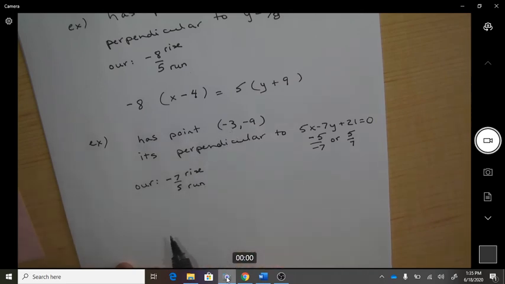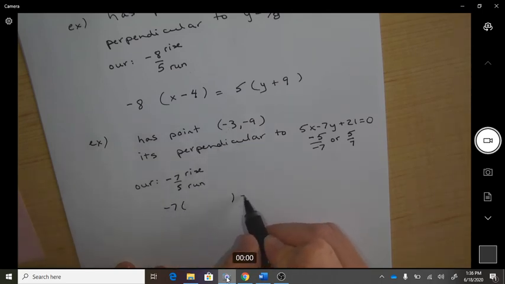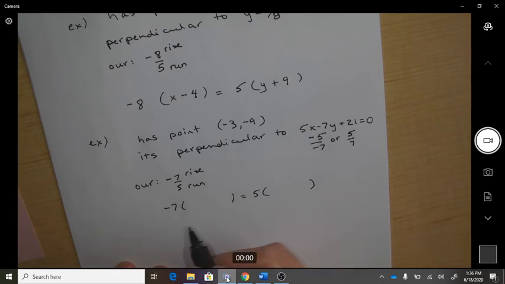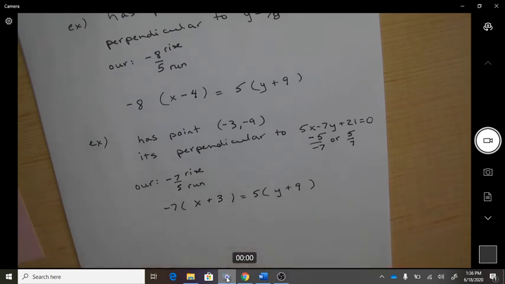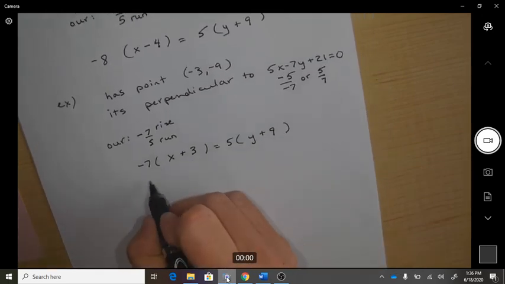Okay, so I'm going to rise, run, fill that in, x plus 3, y plus 9. Okay, and if I ask for this in general form, let's do that.